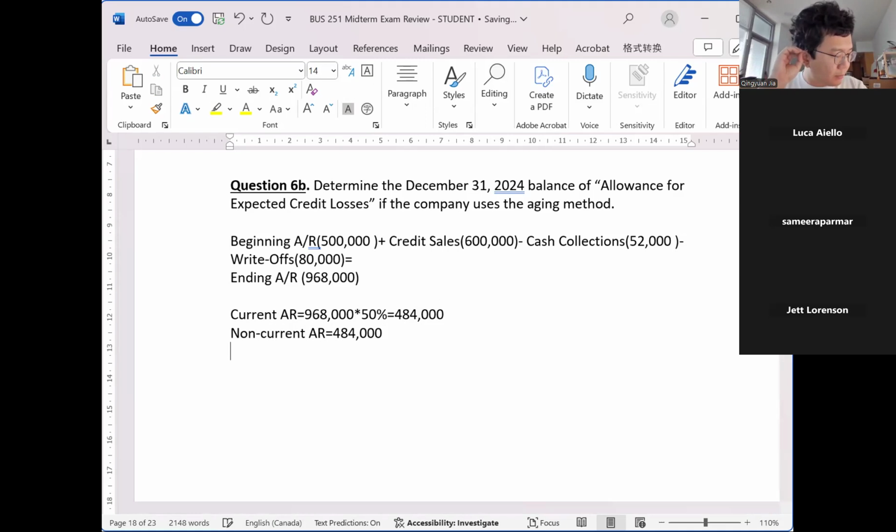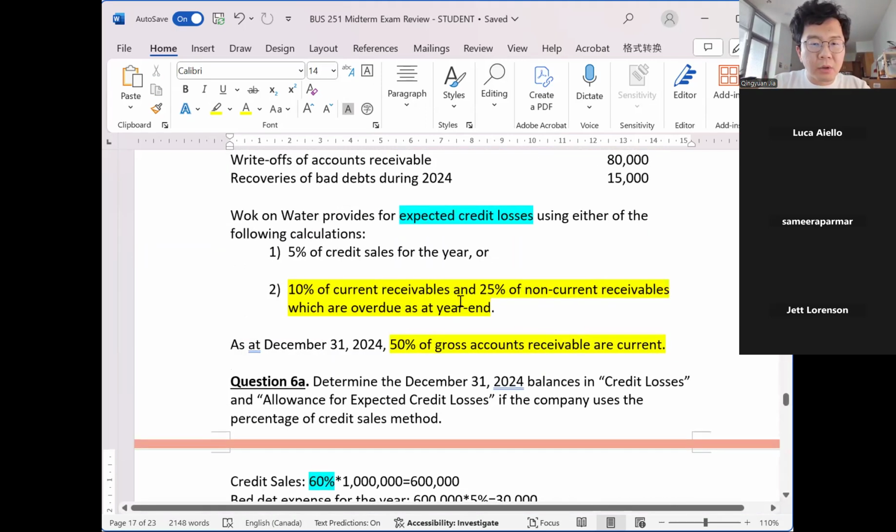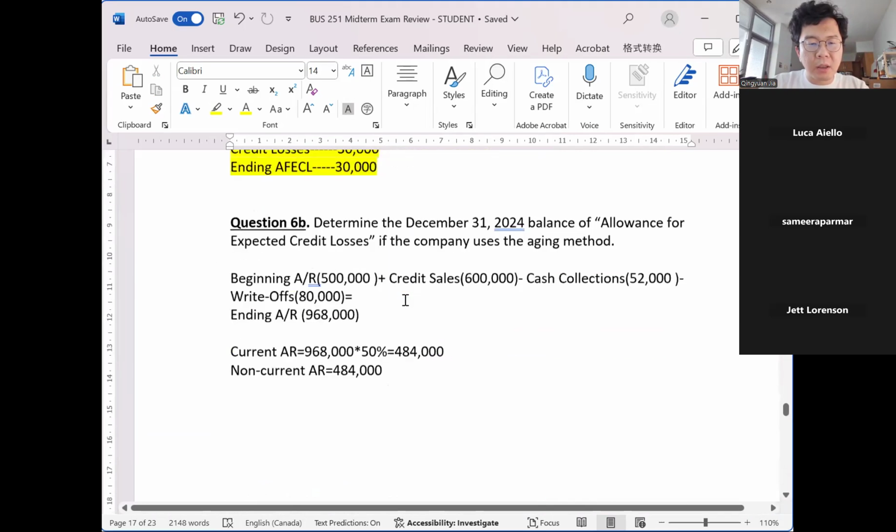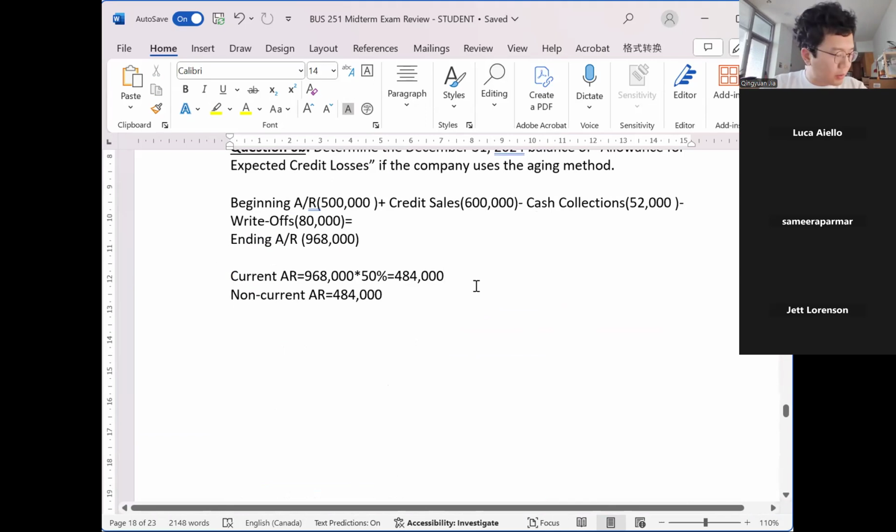And 25% of the non-current receivables are overdue as at year end, and 10% of the current.